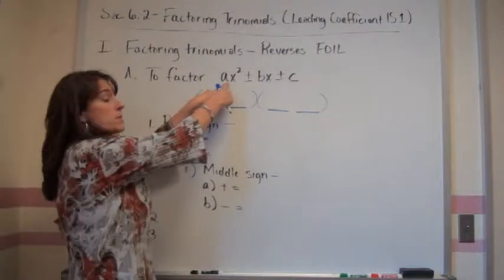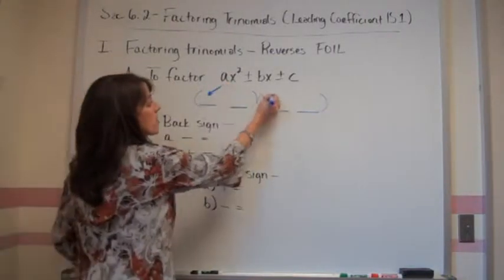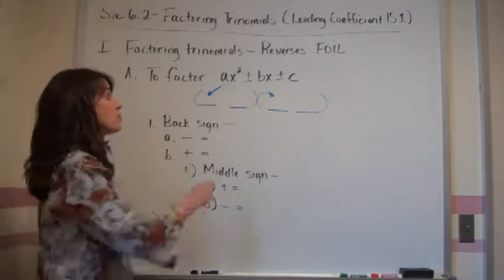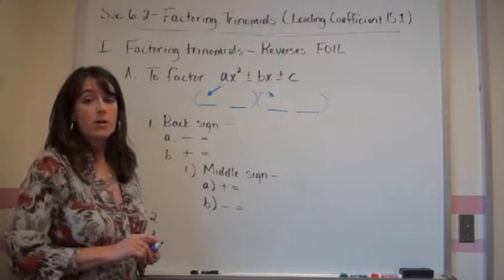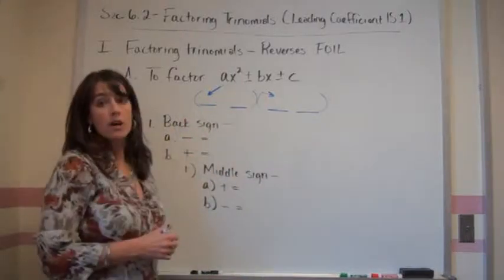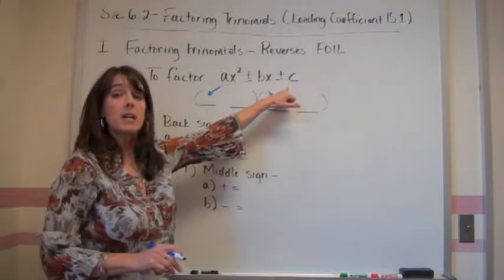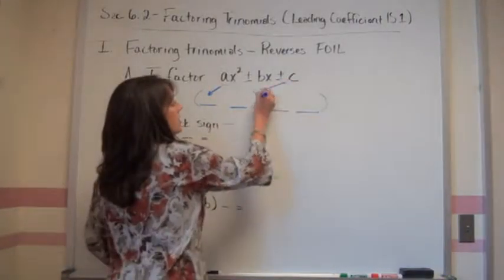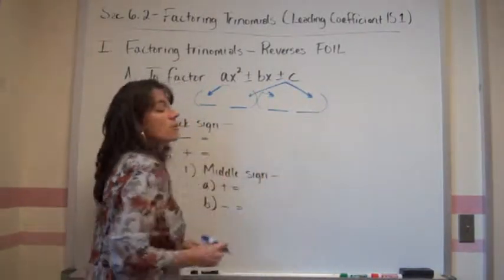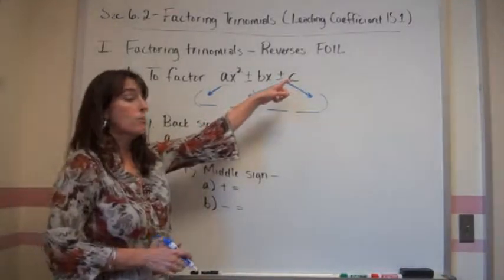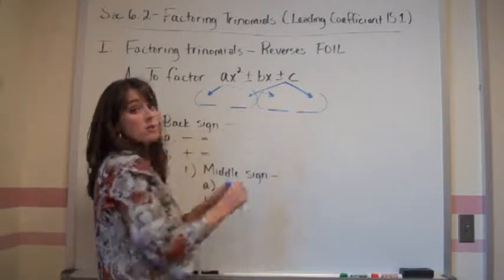The first term splits up into these first slots. So you're going to ask yourself, what would I multiply together to create this ax squared? And that will go in each of these first slots. Then you'll look at the back term here, and you'll split it up into the back slots, here and here. So again, you'll say, what would I multiply together to create this back term? That goes into each of these 2 slots.